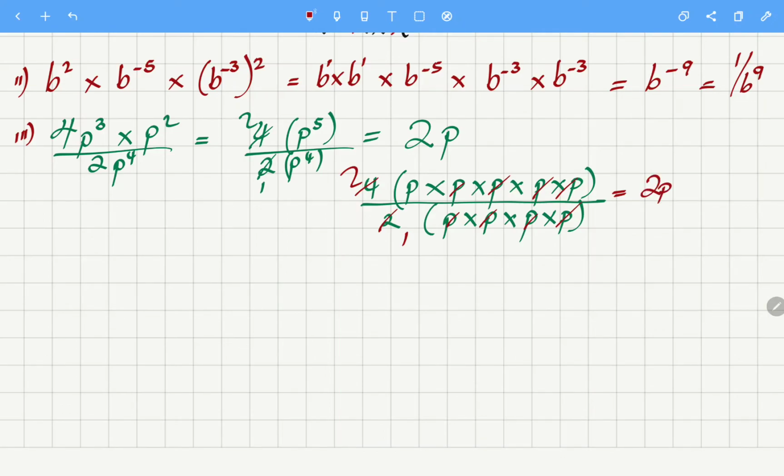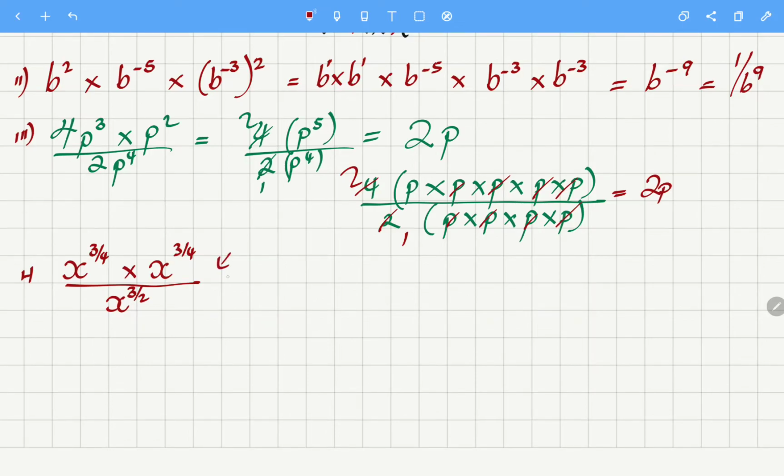And then the fourth example, I'm gonna use fractions as my exponents. So x to the power 3/4 times x to the power 3/4 again, divided by x to the power 3/2.